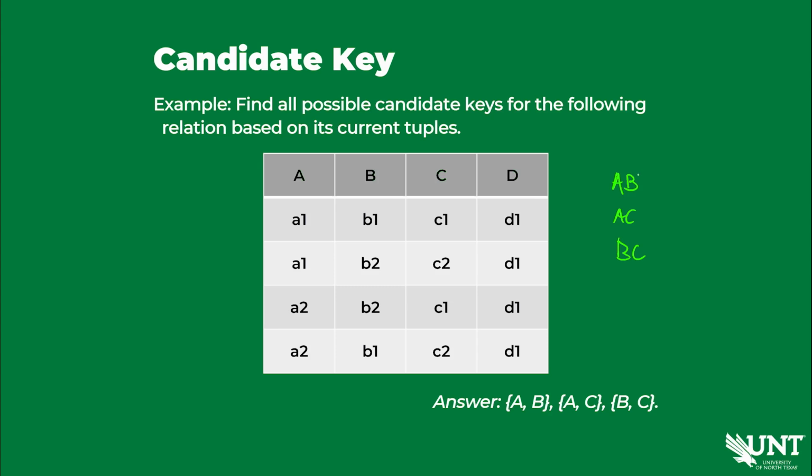Because we cannot drop a single attribute from them and still maintain the key property. So let's say this one. Dropping means, in this case, that I don't have the C. If I don't have the C, then I'm going to have the B. And we notice in the example that B by itself wasn't a key, and the same for B, C by itself. So we need the two of them to be together to have that property.